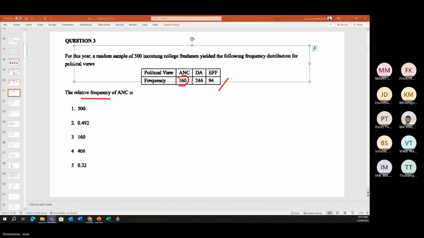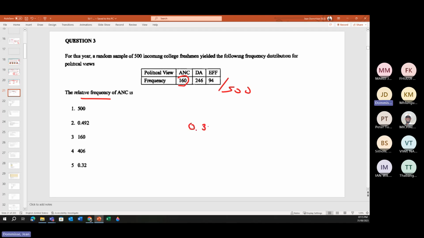So it will be 160 divided by 500. So 160 divided by 500 will give us our relative frequency, which is 0.32. Okay, which is option 5.